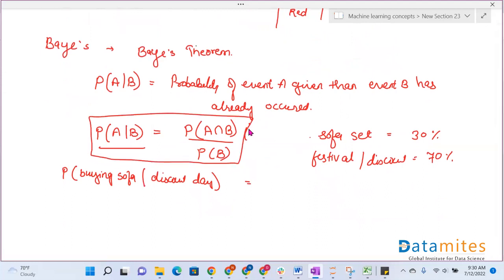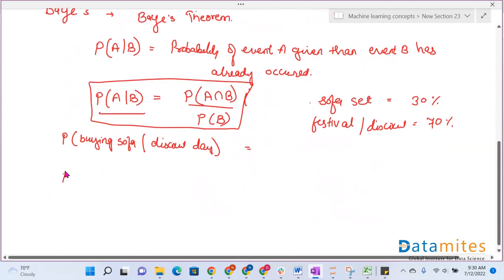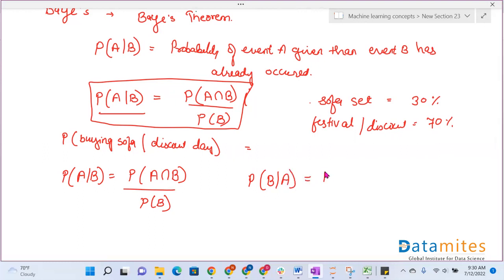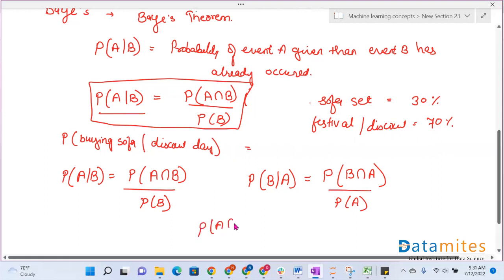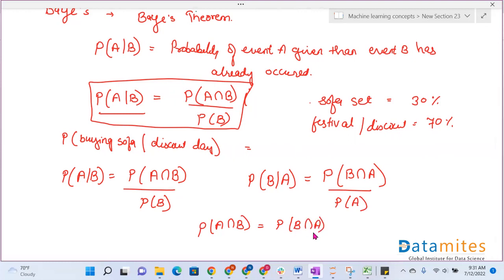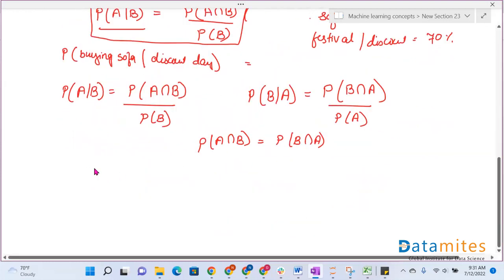With the help of this, we can derive that probability of A given B is equal to probability of A intersection B divided by probability of B. We can also write probability of B given A is equal to probability of B intersection A divided by probability of A. As we know, probability of A intersection B is equal to probability of B intersection A, so we can equate the equations.